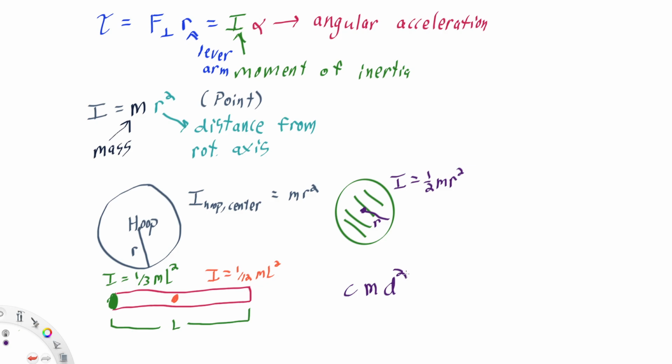Questions or comments on this page? Are there other expressions besides these? Yeah, if you look at the wiki page, there's disks with holes in them, there's cylinders, there's spheres, there's boxes, there's octahedrons, tetrahedrons.